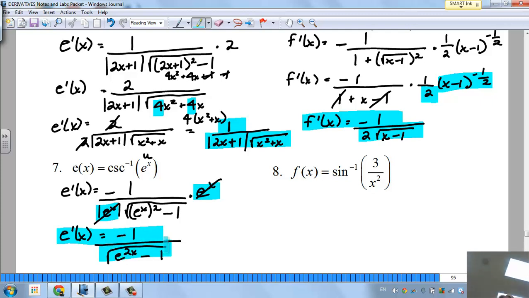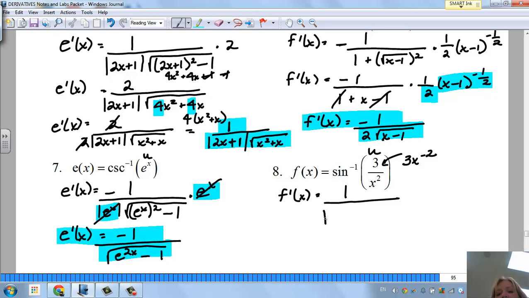And our very last problem here is with arcsine, and I'm going to rewrite this as 3x to the negative 2, and this is my u. So f prime of x is going to be 1 over the square root of 1 minus u squared, so it's 3 over x squared squared, times the derivative of the inside, which is minus 6x to the negative 3, which is power rule.